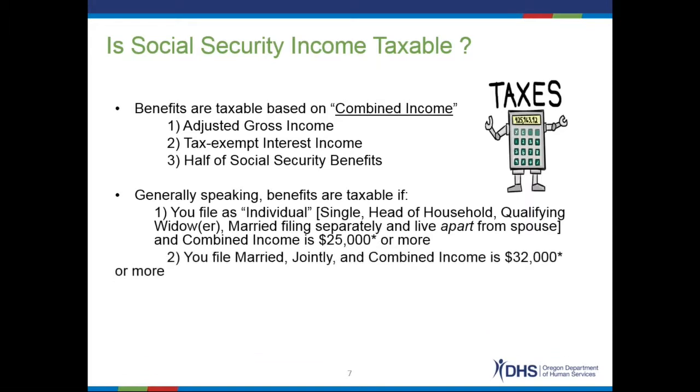Or you file married jointly and combined income is $32,000 or more. If you file married separately, it's at any combined income. Your benefits are taxable. These are 2016 levels. I haven't checked. I think 2017 is probably going to be the same.